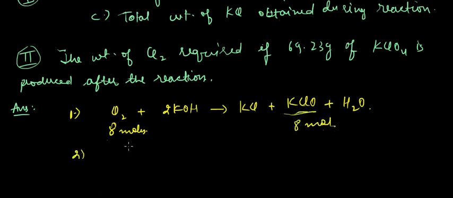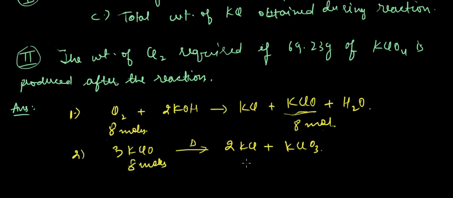In the second step, 3 moles of KClO get decomposed into 2 moles of KCl plus KClO3. So this is 8 moles again, and these 8 moles will form 8 by 3 moles of KClO3.